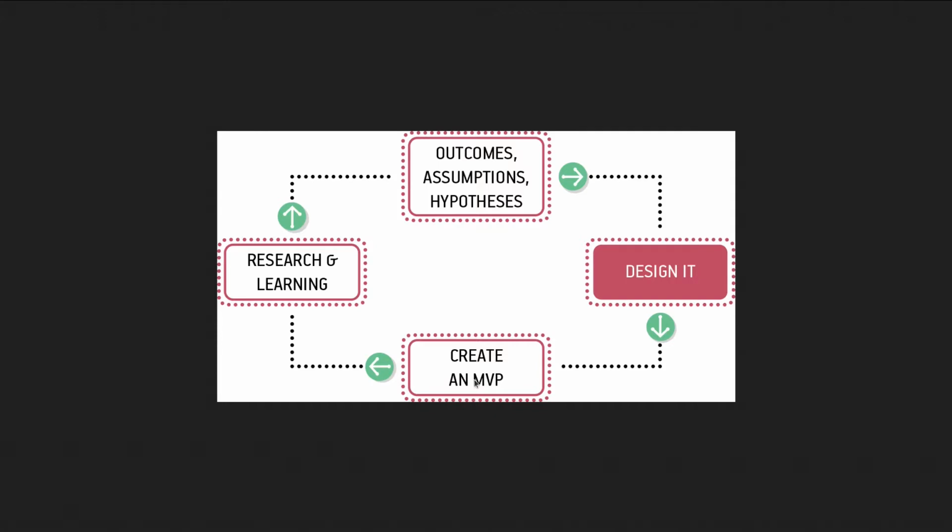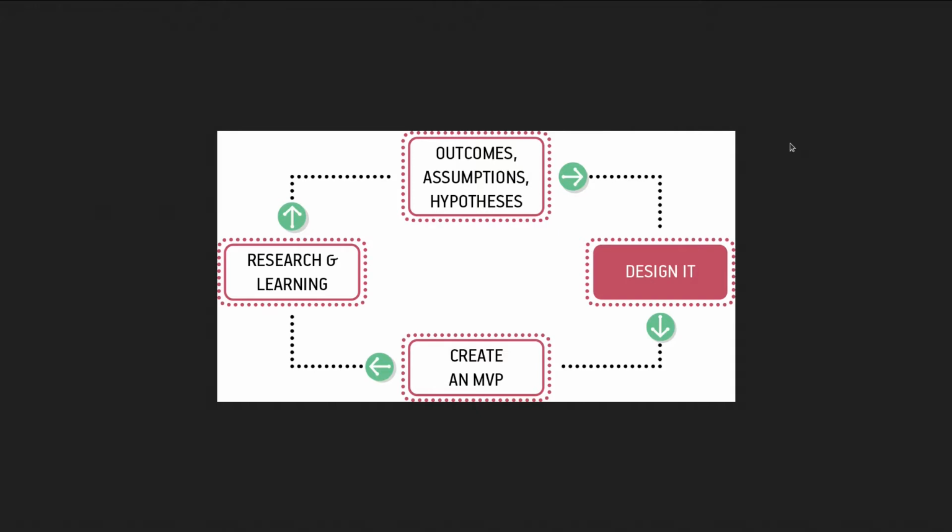And then when we have the MVP functioning and it's deployed, we're going to have to start research and learning. We're going to research, find out what's going on. Maybe we're going to pivot something. Maybe we're going to learn some new stuff to get this done properly. Then we'll go through the whole process again.